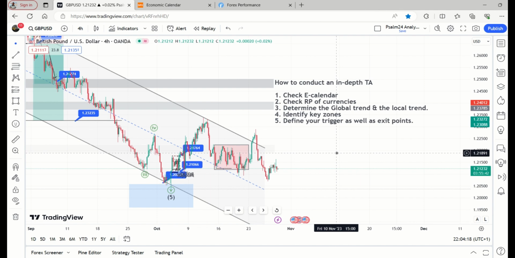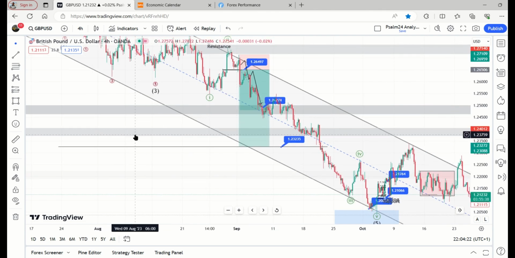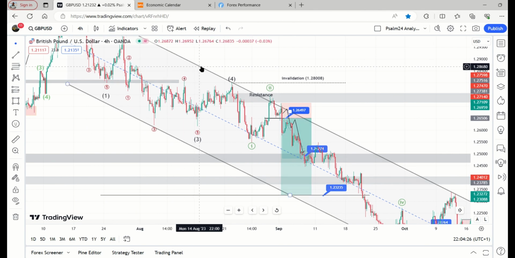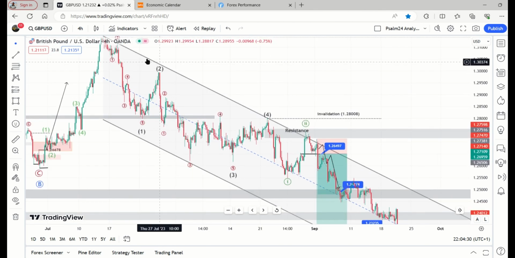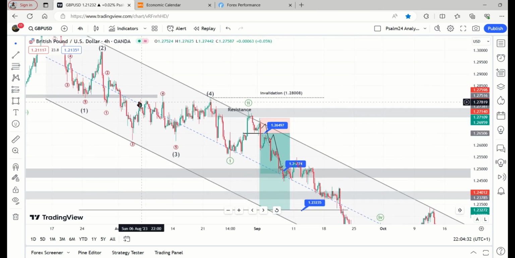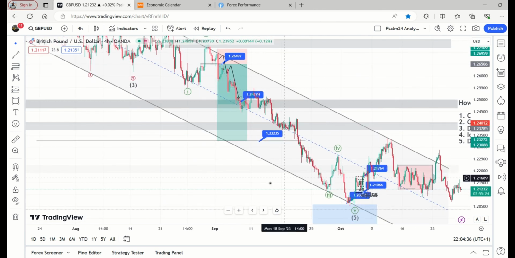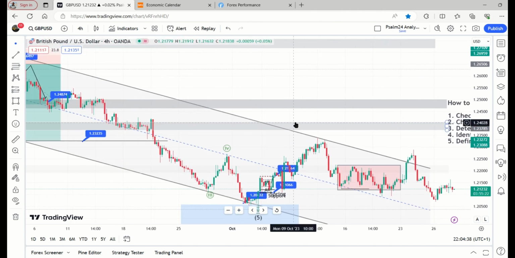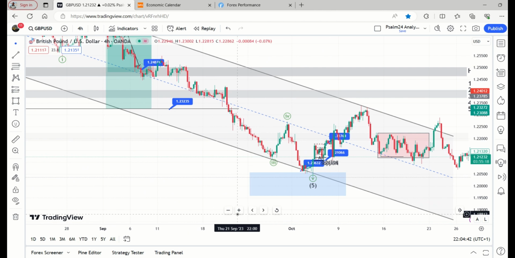We use support and resistance, like you see in my chart here. We have support and resistance here. We use trend lines. Like a channel is a combination of two trend lines. So this is like a trend line, but it's in a channel, right? And then like in the previous analysis that we did, we talked about market geometry.